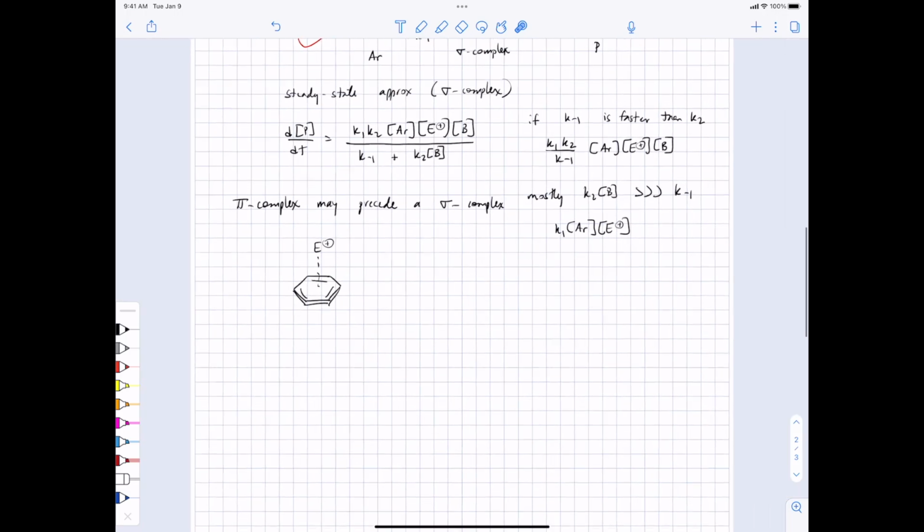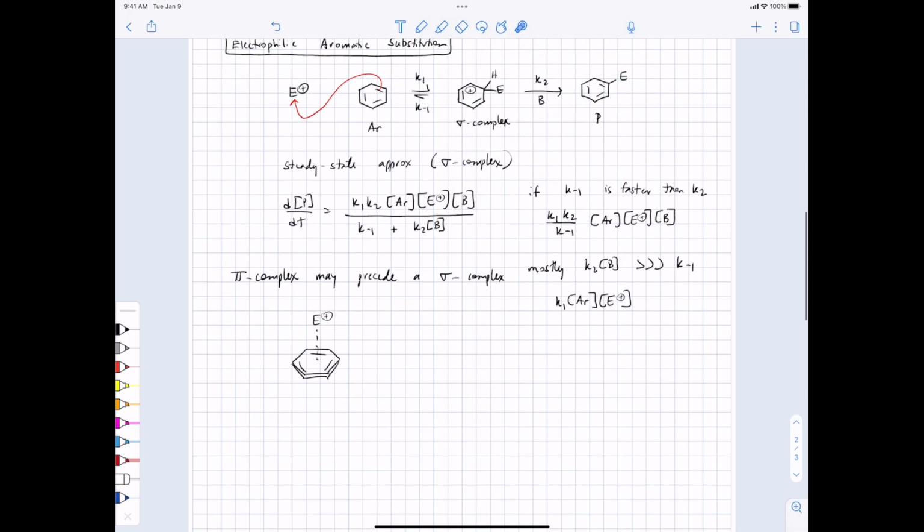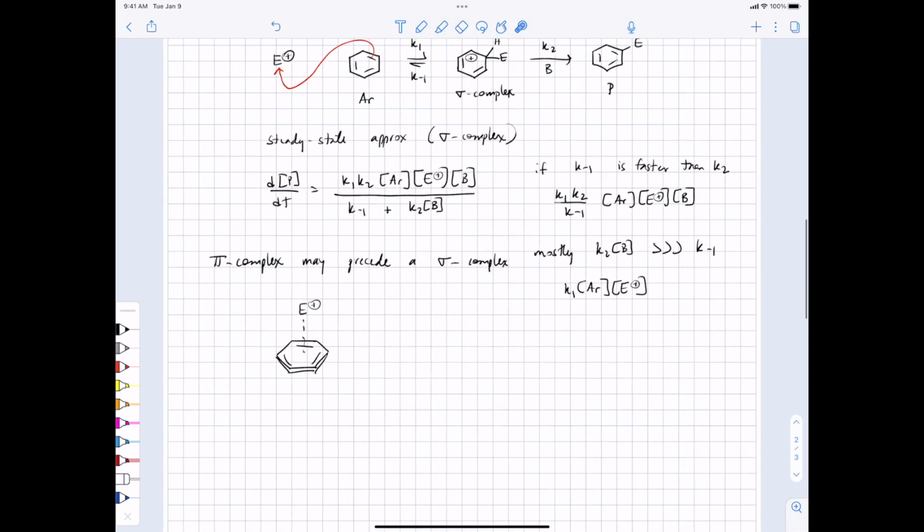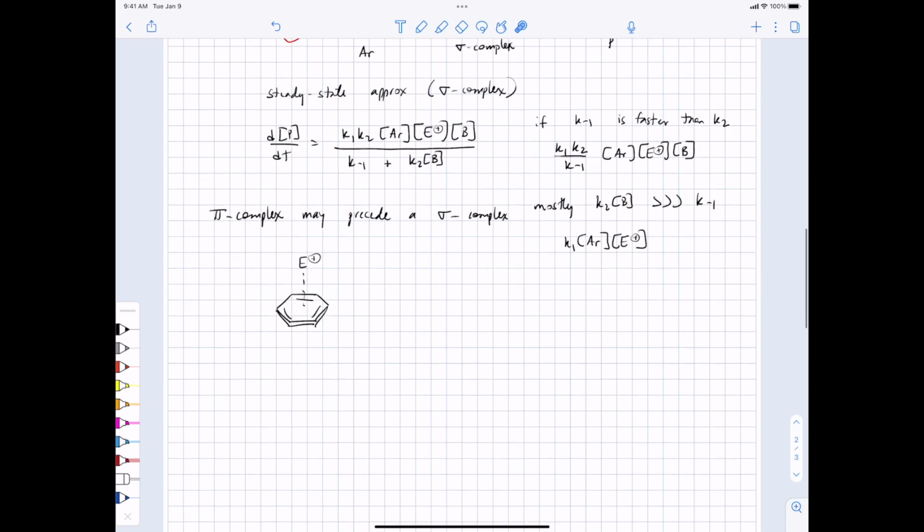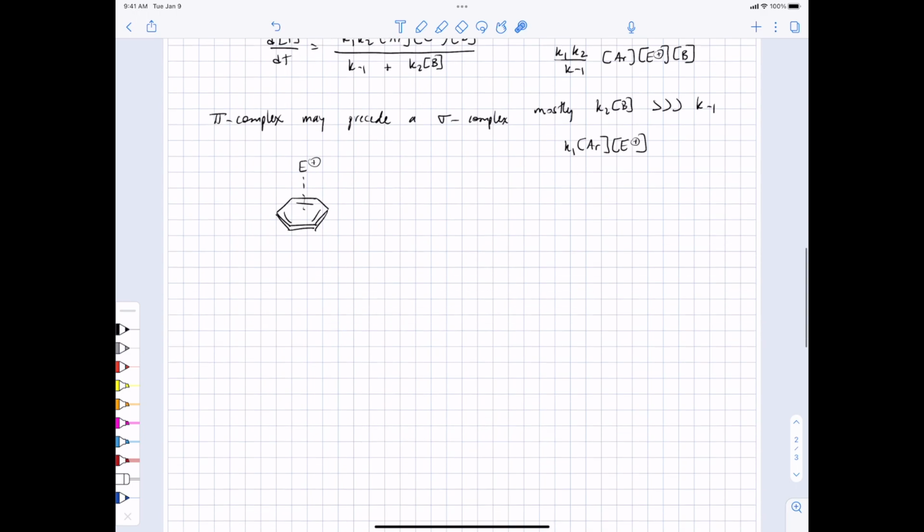And this sort of highlights one thing that we don't often think about in OChem, but if you do calculations on reactions, you see this pretty quickly. We think of starting materials in a reaction, like you've typically drawn the electrophilic aromatic substitution reaction, as an energy diagram sort of like this, where you've got starting materials, you've got the sigma complex here, and you have products.